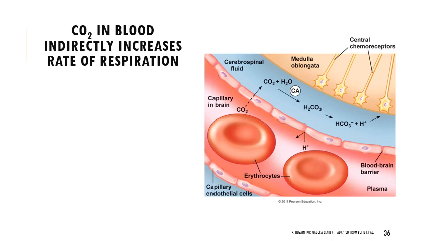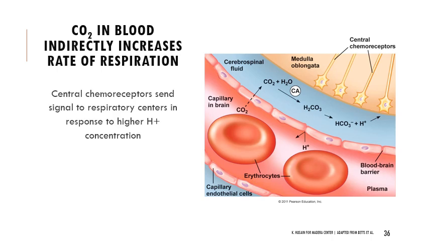That carbon dioxide is now going to indirectly increase the rate of respiration. The way it does that is we have this change in pH, and those central chemoreceptors perceive that change in pH and send a signal to the respiratory centers in the brain in response to the higher proton concentration.